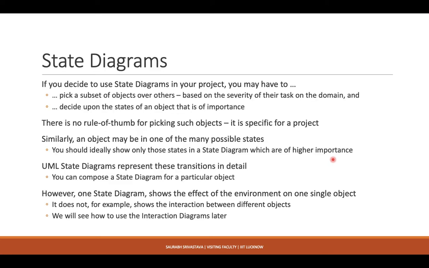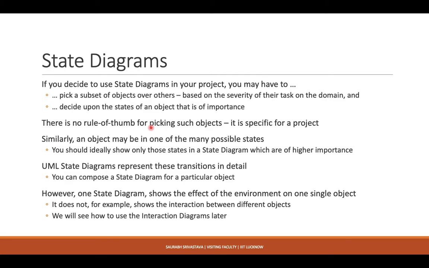There are some more things that you have to understand about state diagrams, and I'm just going to summarize them here. Basically, there is really no rule of thumb for picking what objects in your system you are going to use for your state diagrams. You can understand that there might be so many different objects in the system that usually you will only pick a handful. But there is really no rule of thumb.